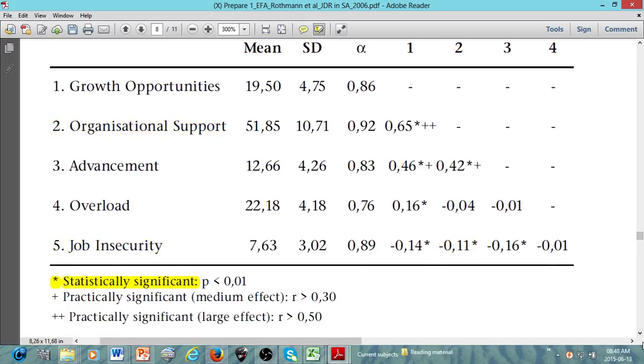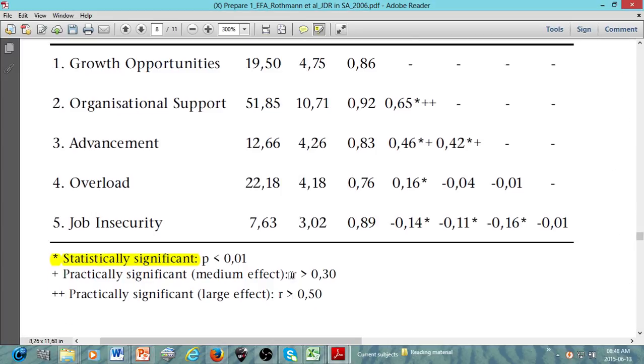Okay, now getting back down here to the comments at the bottom, they say that a plus will indicate that the correlation coefficient is practically significant with a medium effect, while two plus signs will indicate a practical significance of the correlation between those variables and that it has a large effect.